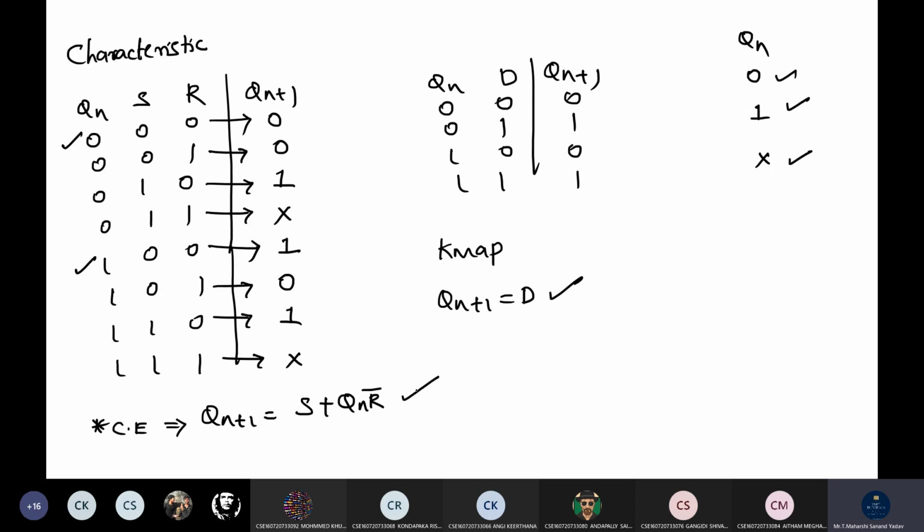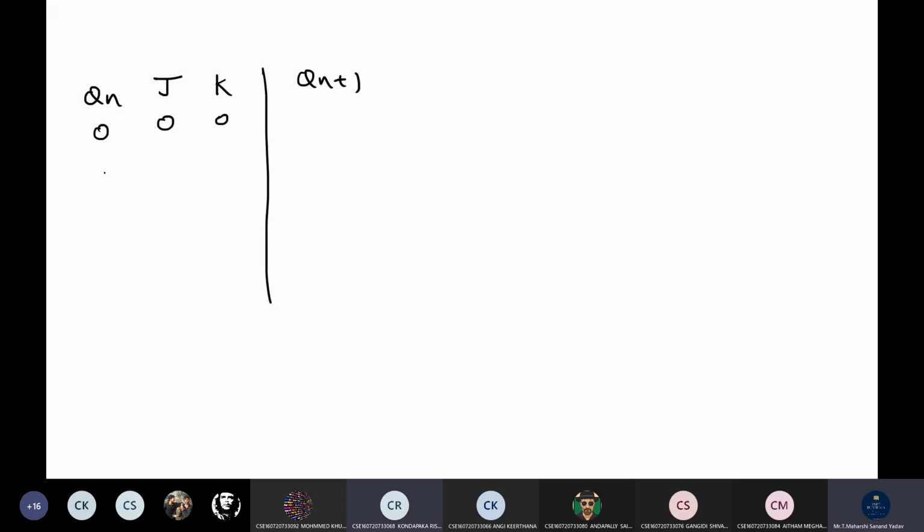Next, characteristic table for JK. Relationship between Qn, JK and Qn plus 1. What will be the difference here?